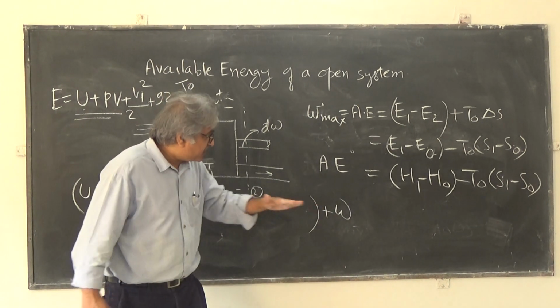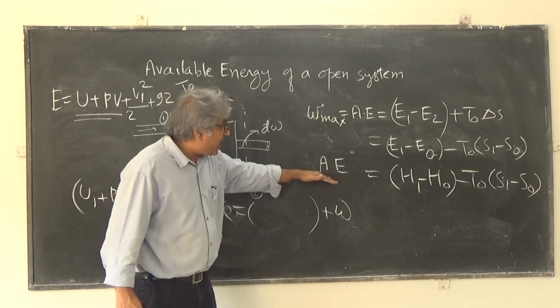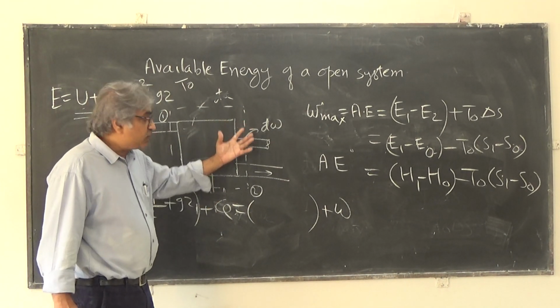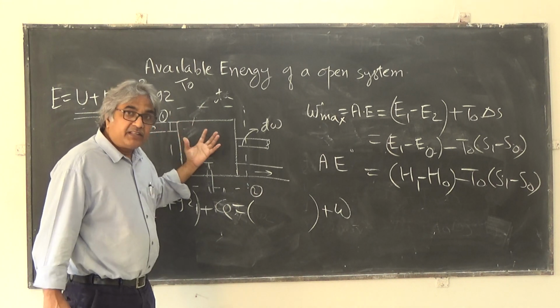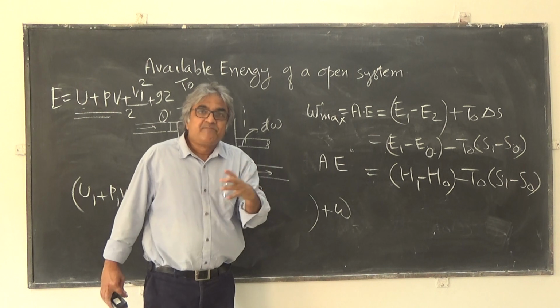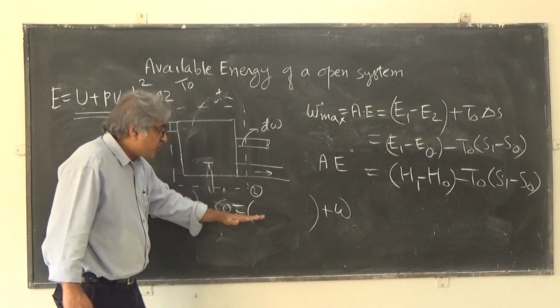Please note, actual work upon ideal work. This is ideal because we run the Carnot engine, and we have added that work also. So in this process, available energy gives you maximum work, which is ideal work, which you can't really realize. This is what you can realize.